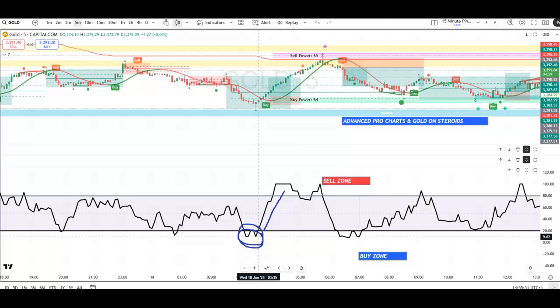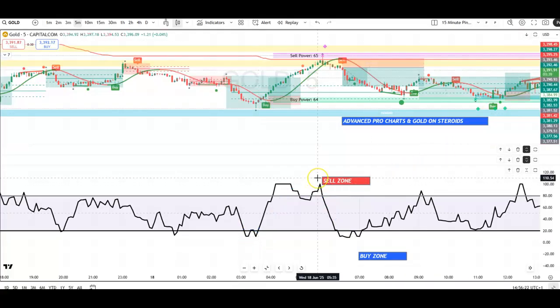Contrary to that, once the money flow goes over 80, that indicates that the money flow has gone too high and the buyers are running out of steam. Therefore the price has to give way and there's not enough money in the market, and so therefore the price falls. So understanding that, it gives you a better idea of the best trades that you can get.